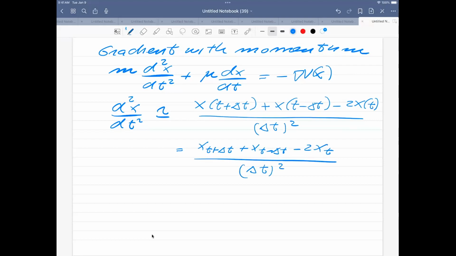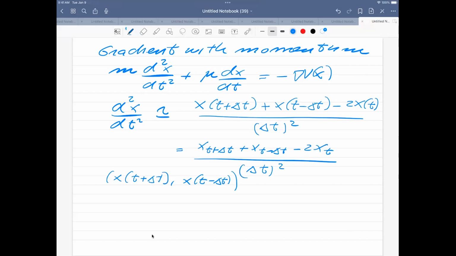Have you seen this formula before? Yeah. So this is just you taking the Taylor expansion of x of t plus delta t and x of t minus delta t. And when you add these 2 Taylor expansions, all the odd powers of delta t disappear due to the minus sign in front of one of them. And then you can get an approximation for the second derivative.